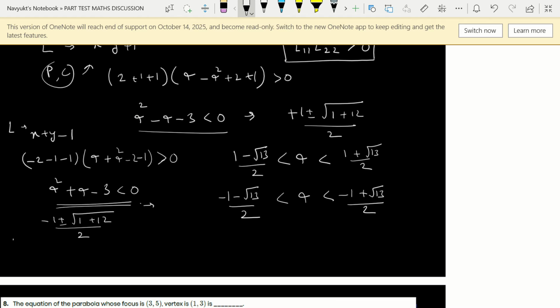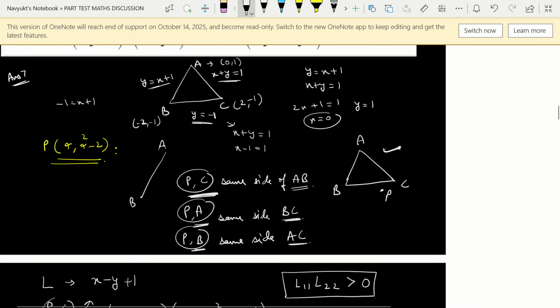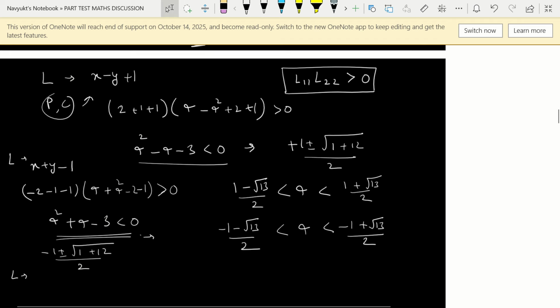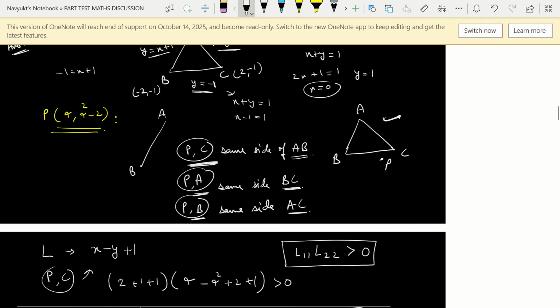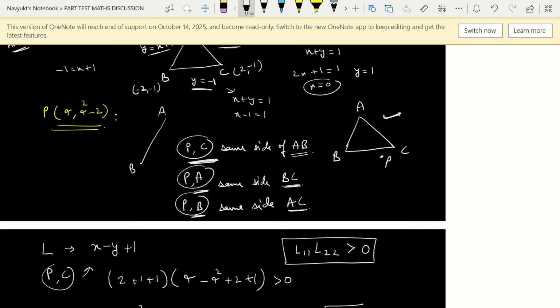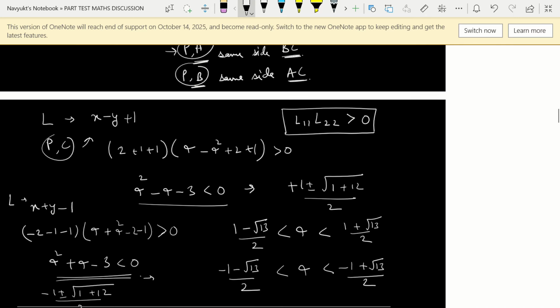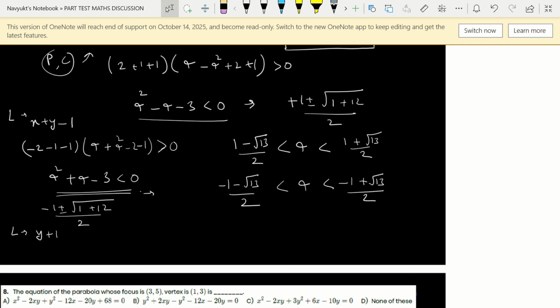Finally, the third line, which is y equals to minus 1, so y plus 1 equals to 0, y plus 1 being the line which is BC. For that, we should take P and A points, right? P and A points should lie on the same side of BC. Point A is 0, comma 1. We'll put this point here, and we'll get 2 into what would be the next point, alpha square, because x is not there, so it's directly alpha square minus 2 plus 1 should be greater than 0.